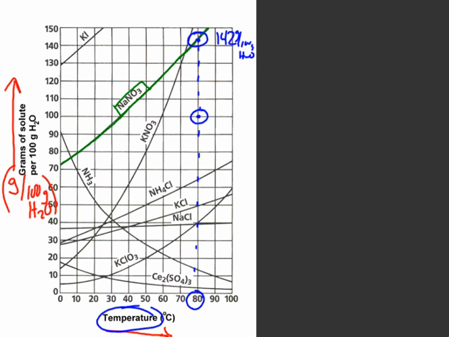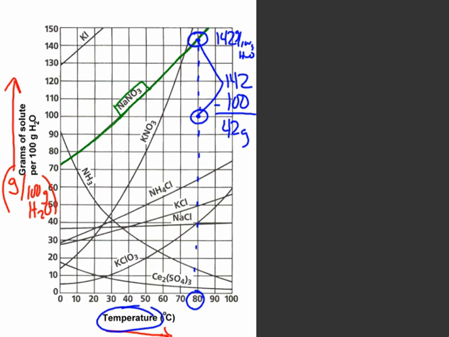So I simply find the difference between those two points: 142 minus 100 gives me 42 grams, which means I could add 42 more grams to that solution to make it saturated.